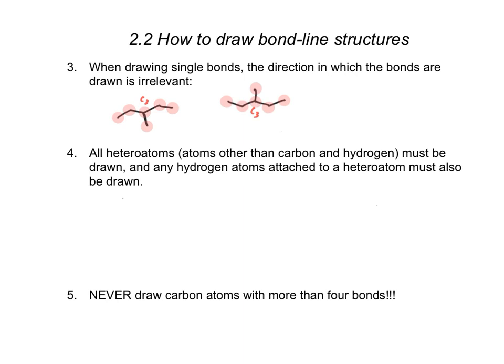Another way that we could draw that is something like this, right? Because again, we're just keeping those zigzags. So if we're looking for just the longest chain of carbons, we've got a carbon 1, 2, 3, 4, 5, which is the exact same that we had for these guys over here.